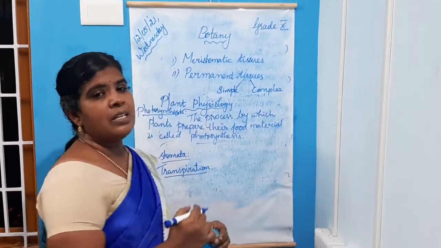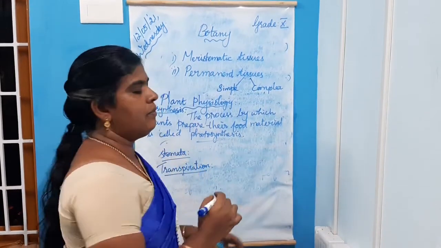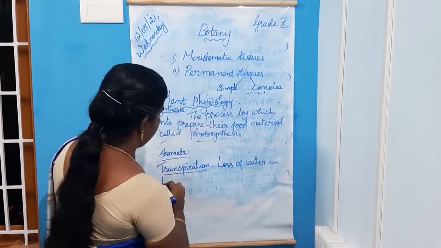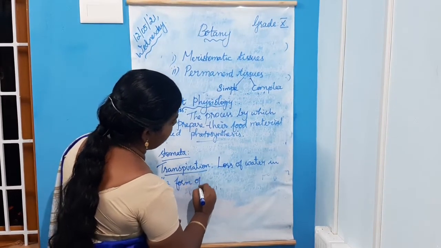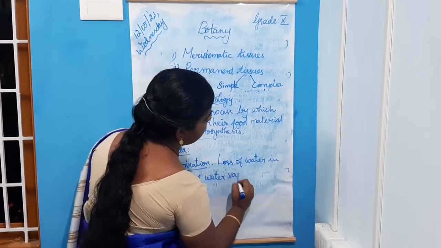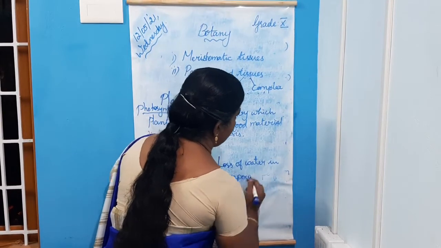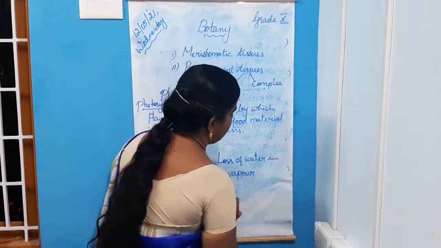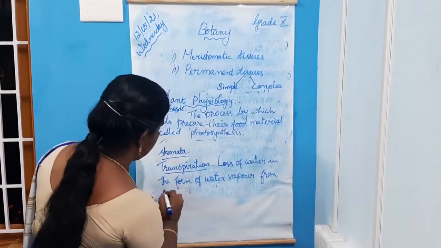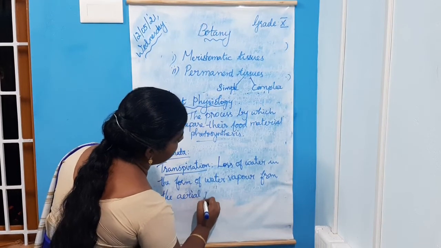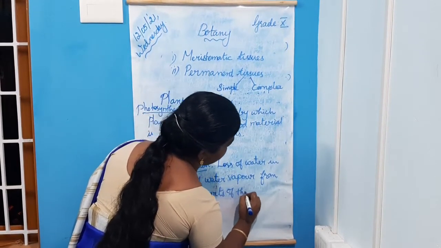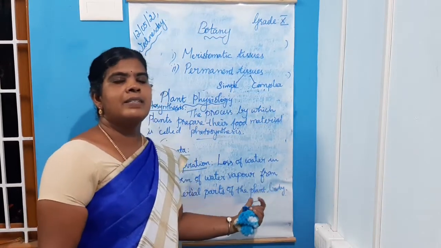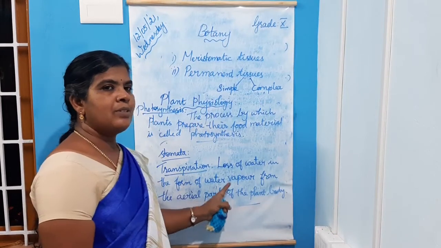Transpiration is the loss of water in the form of water vapor from the aerial parts of the plant body. This is called transpiration.